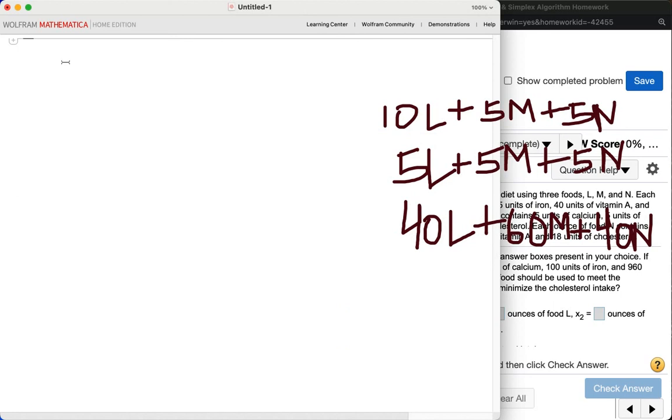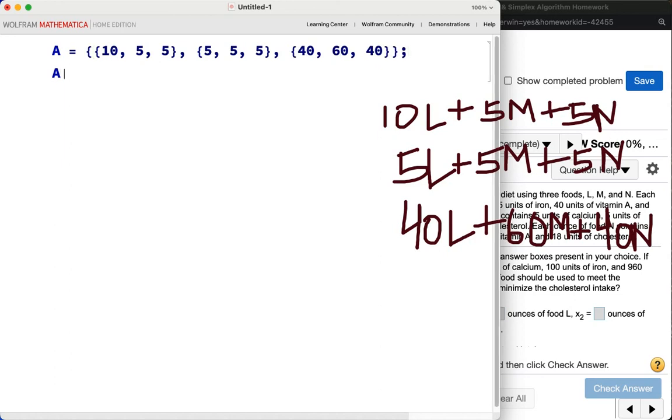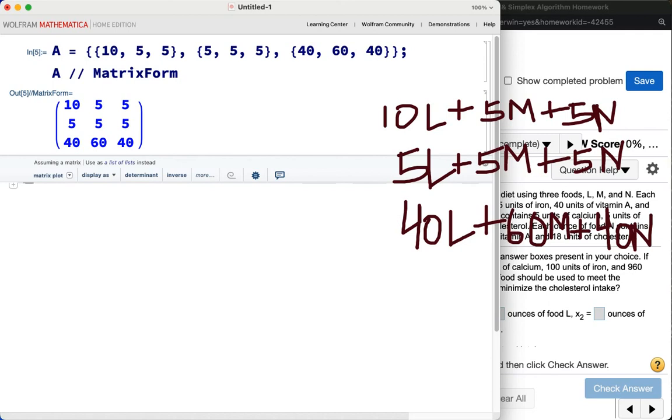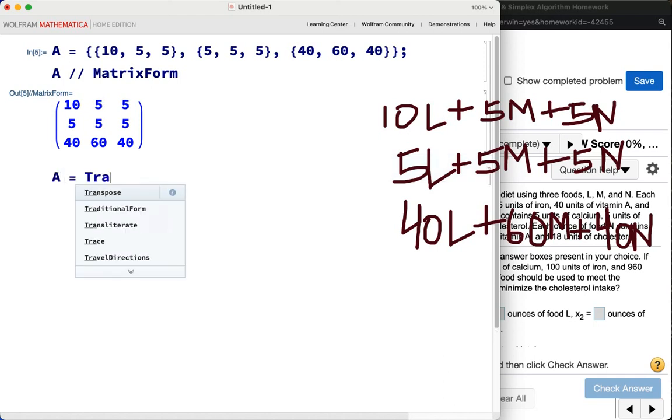So this is what I'm talking about. We have a matrix A: 10, 5, 5, 5, 5, 5, 40, 60, 40. But it's important to take the transpose of that matrix. So A is equal to transpose A.